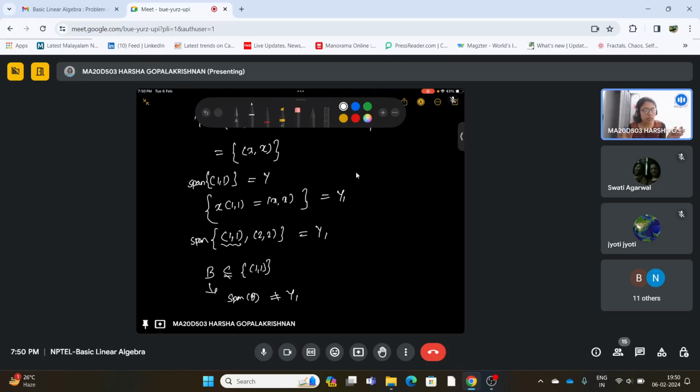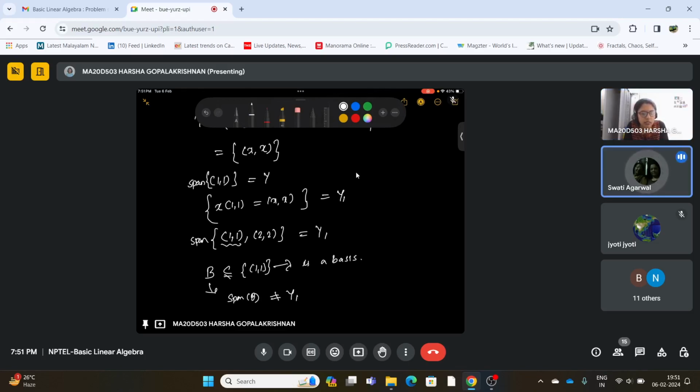A proper subset of {(1, 1)} is the empty set, right? It is not going to generate any element. So what we can say is (1, 1) is a basis. Is that clear? Why (1, 1) is a basis?